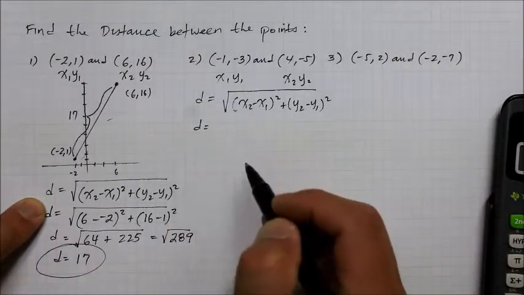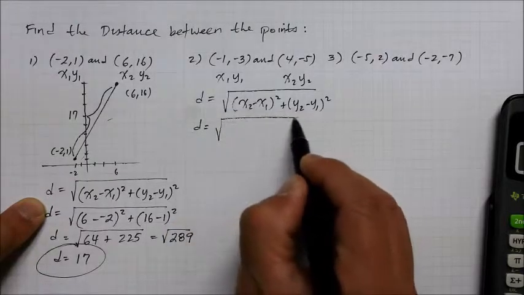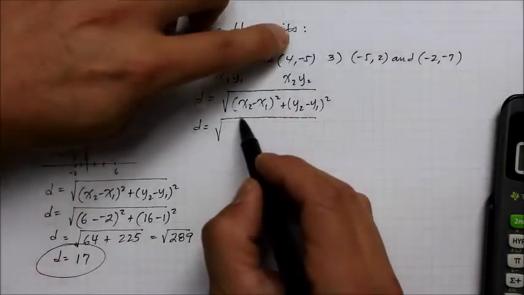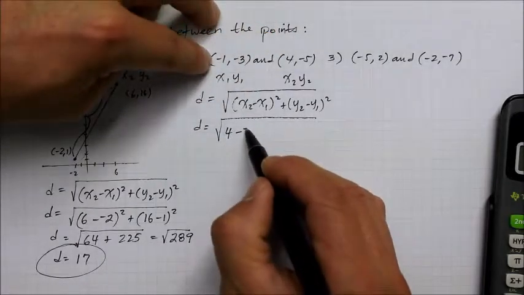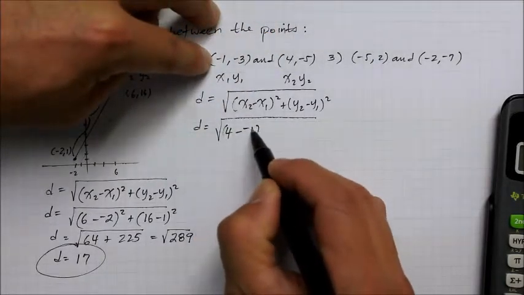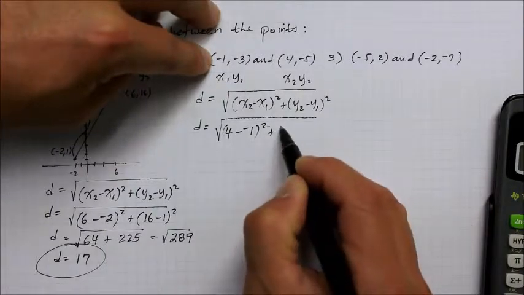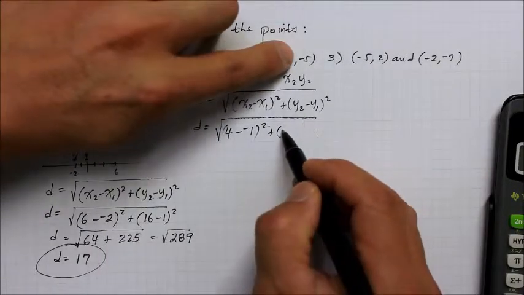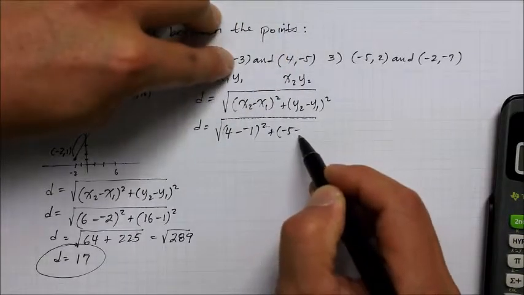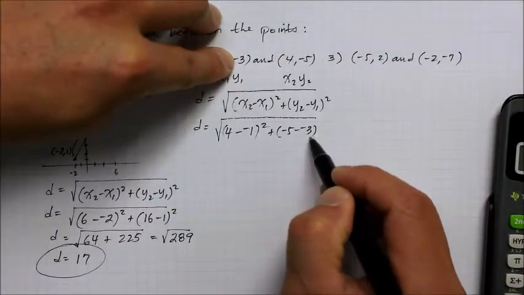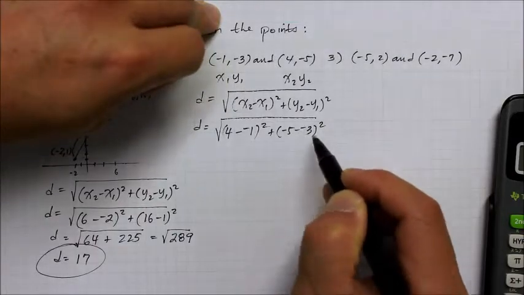Start evaluating. We got square root of, x sub 2, I labeled it as 4, minus x sub 1 is -1. Careful, we have a negative and negative, and we're going to square that. Plus y sub 2 is negative 5 minus y sub 1 is negative 3. Again, careful, two negatives side by side.